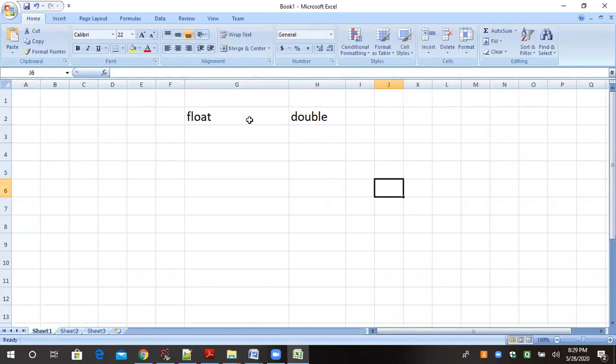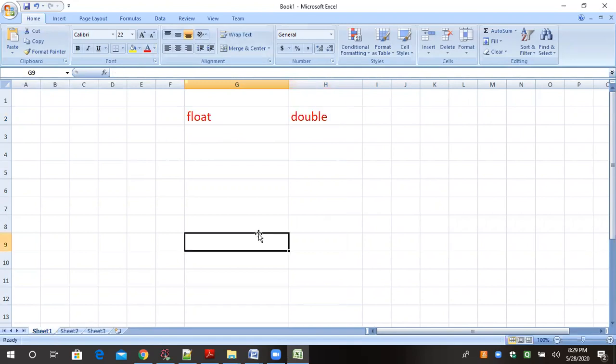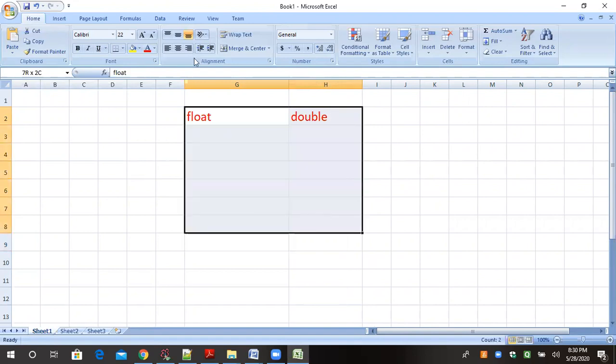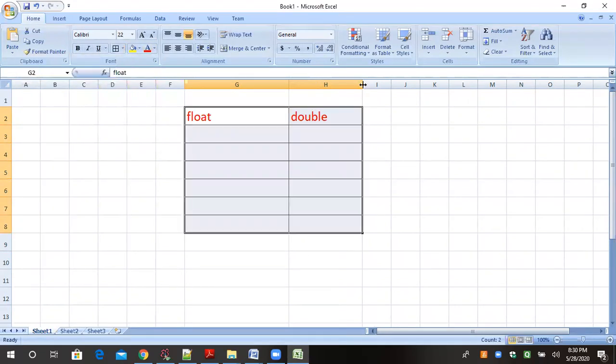In the last lecture, we discussed the data types in Java. There are 8 primitive data types in Java, and float and double are two of them. So what is the difference? First of all, can you tell me what the similarity between float and double is?